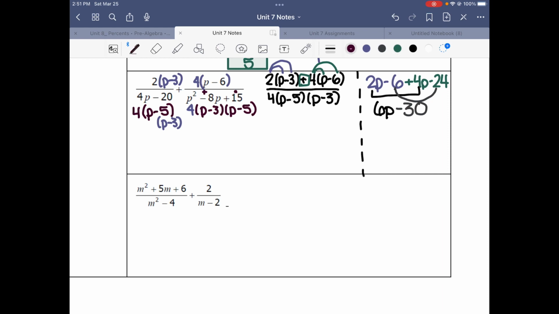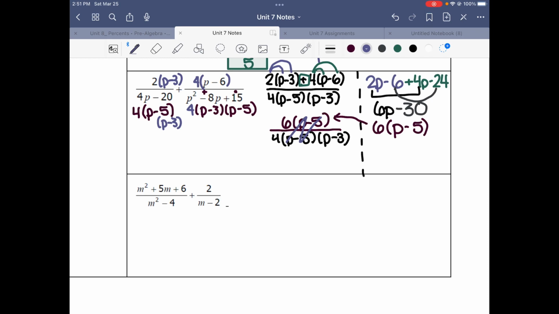The biggest number I can divide both of those by now is 6, leaving me with p minus 5. So I have 6 times p minus 5 as my new combined and simplified numerator. But the denominator is still 4 times p minus 5 times p minus 3. And I notice that I have a p minus 5 on top and bottom.